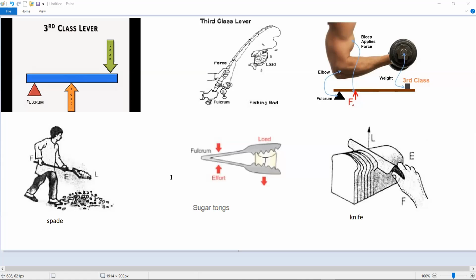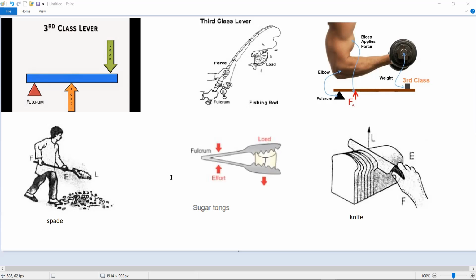So, effort arm is shorter than the load arm. Another example, forearm of a person holding a load. You can see that elbow acts as a fulcrum and the effort is in between the fulcrum and the load.